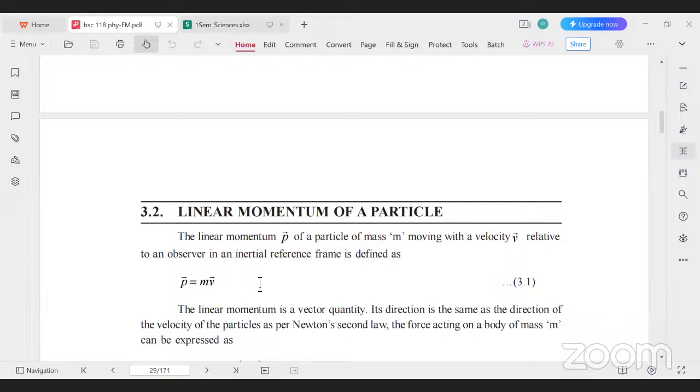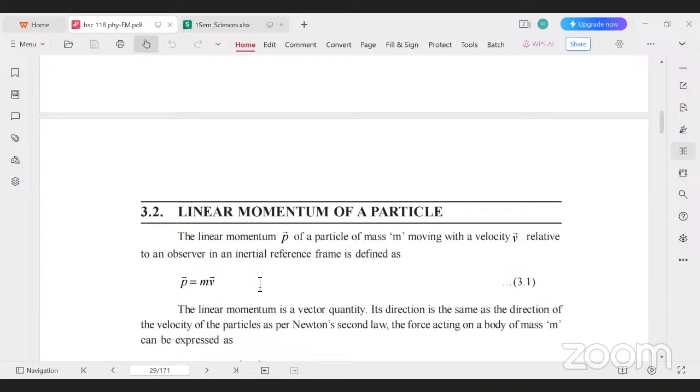We have P bar. The particle has velocity v bar. The momentum P bar is a vector, equal to the mass times the velocity v bar.